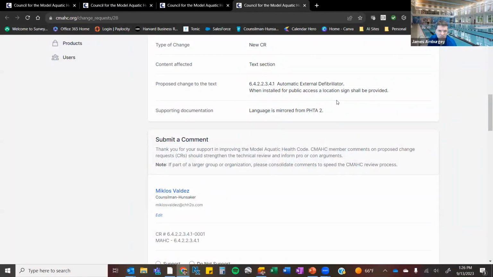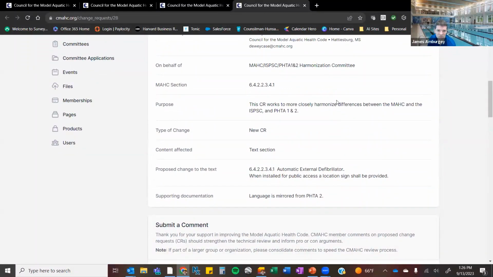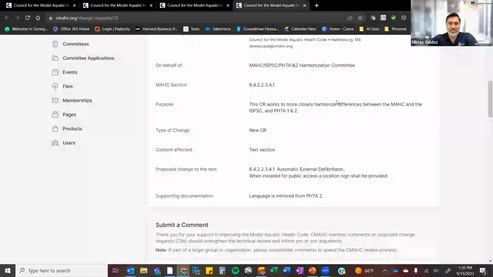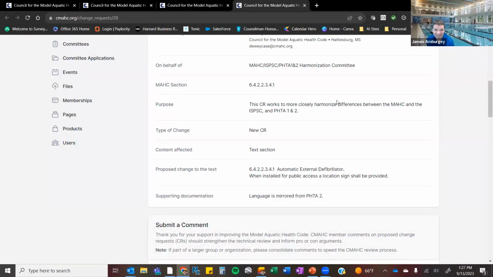So this would potentially be misnumbered. I'm fine with adding a discussion about a sign, but I don't think we should remove a CPR poster and put in a defibrillator sign, unless that's the standard now.